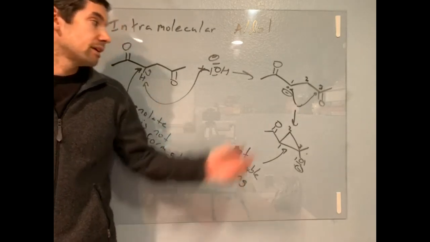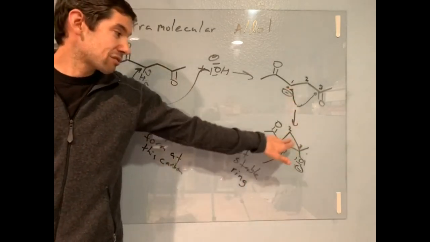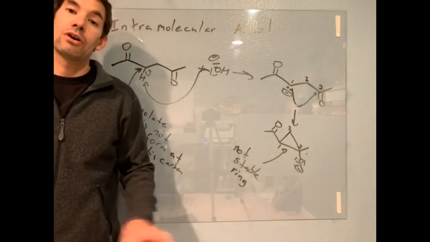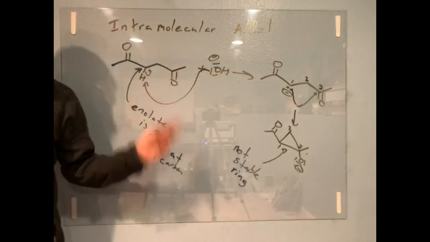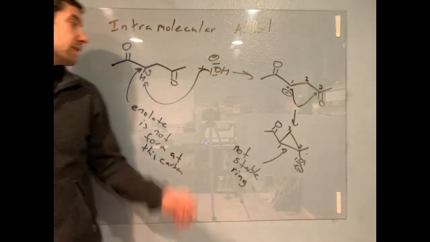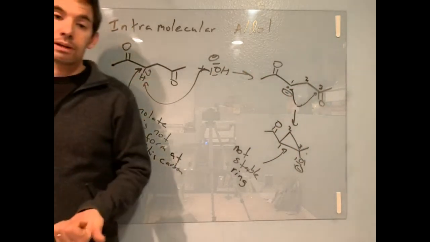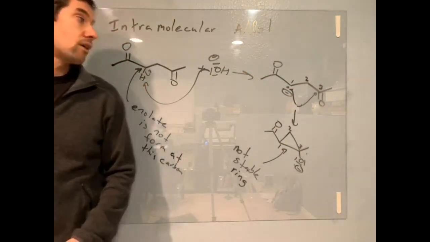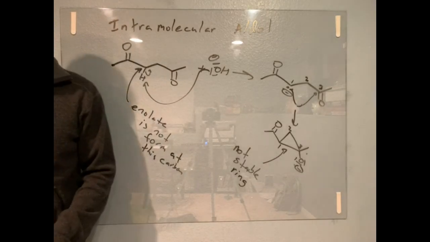Okay, 5-member ring. If we try to take the enolate here, we're going to make this 3-member ring, which is, again, not a stable ring. It's not very stable. It's going to just fall apart. It's going to open back up, right? We go back this way, okay? So keep that in mind. That's why I pulled off this one. Our stable rings are going to be that 5 and those 6-membered rings, okay, for our intramolecular aldol reactions to form those rings.